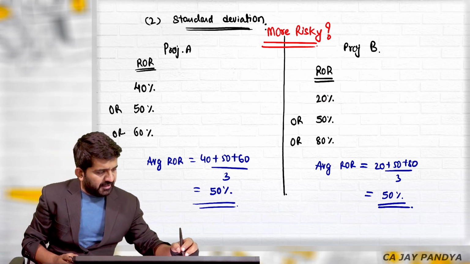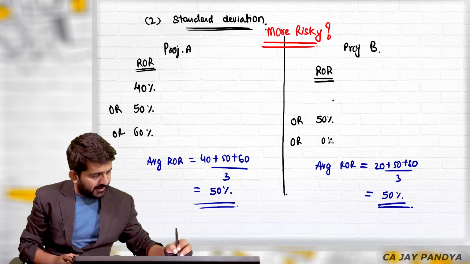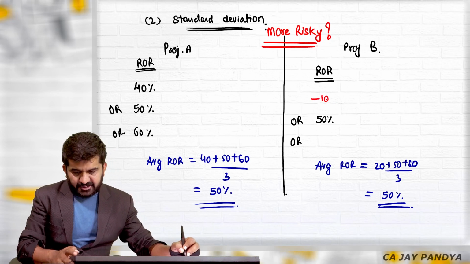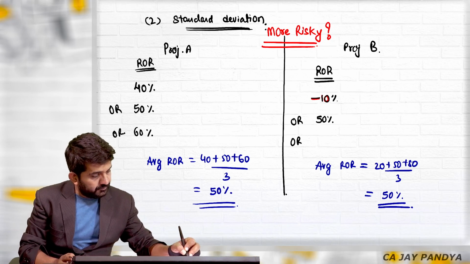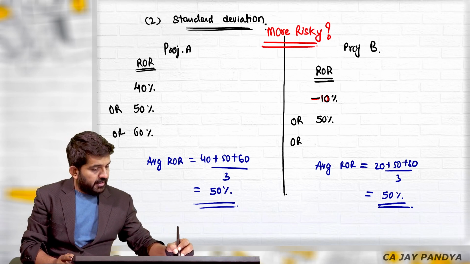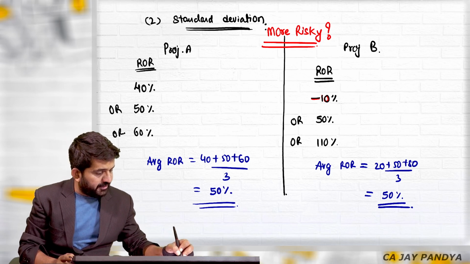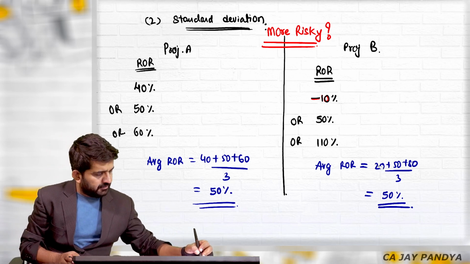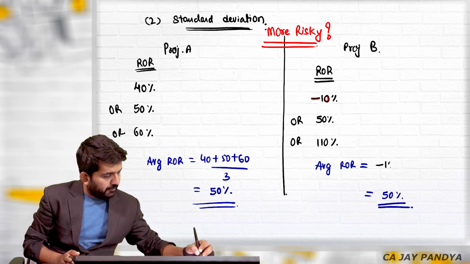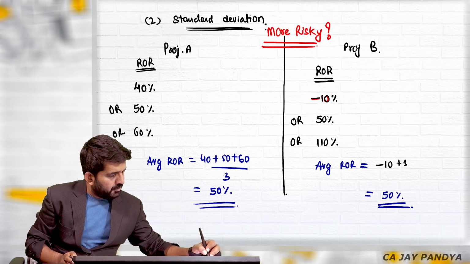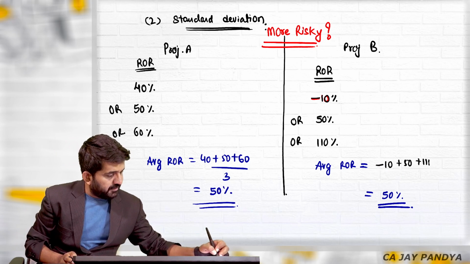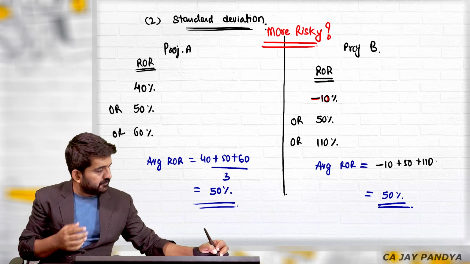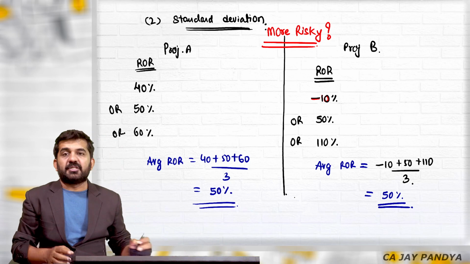Alright, let me make it more risky so that you will get an idea. This is minus 10% and this is 110%. Still the answer will remain 50%. Minus 10 plus 50 plus 110% divided by 3 is nothing but 50%.